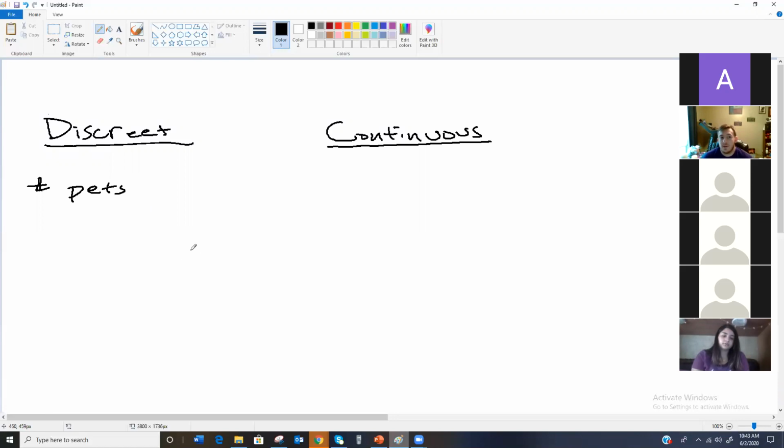What about somebody's height? Or basically any height. It could be the height of how high a ball bounces. Continuous, yep. Typically height would be continuous. Again, the researcher could make it discrete by saying, I'm going to round to the nearest foot or the nearest inch, not allowing any decimals.